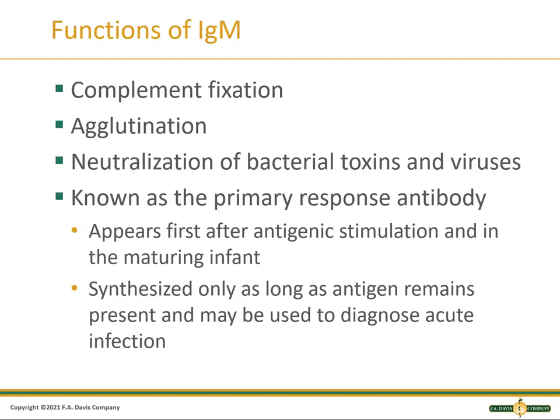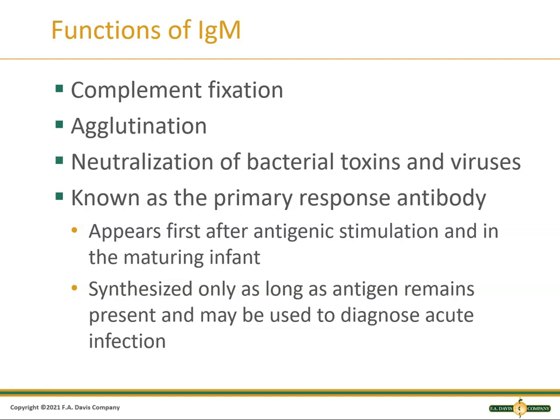So it's important for us when we see IgM antibodies present in a person, whatever it may be, then that tells us there's an acute infection. For instance, Lyme disease. Everybody knows Lyme disease, all right? So we check for IgM antibodies, and we check for IgG antibodies.